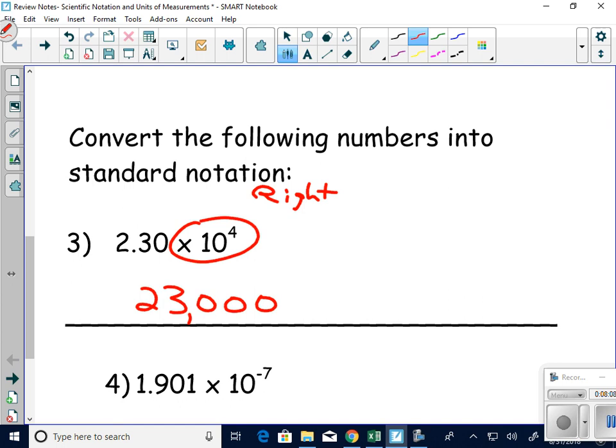So I have to signify that this 0 right here is significant and that these 2 back end ones are not. So I'm just going to put a bar on top of that. That bar tells me that that 0 is significant, that these back 2 zeros are not significant.